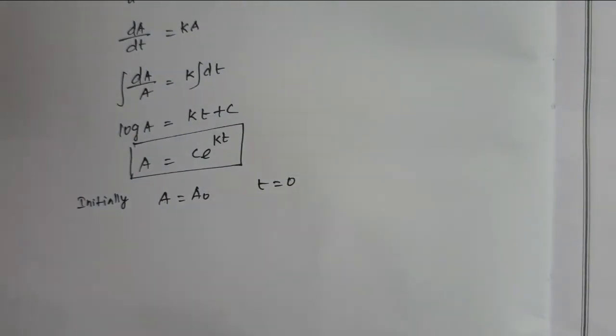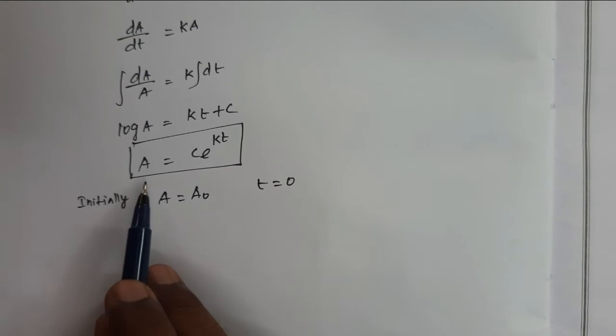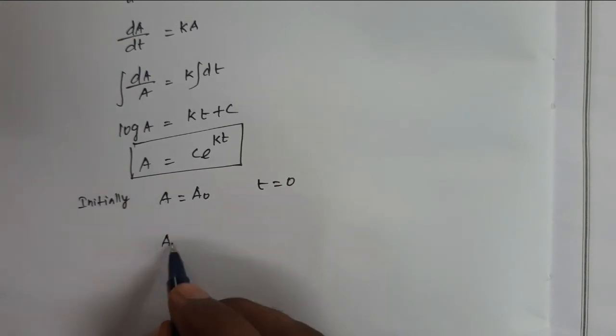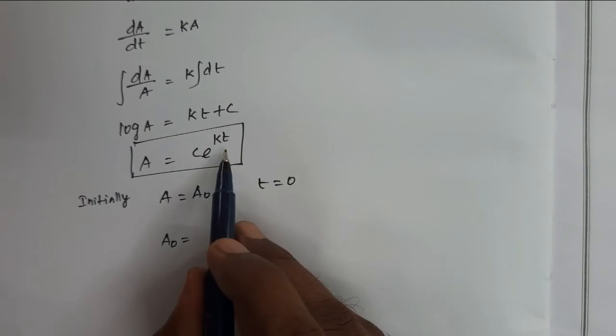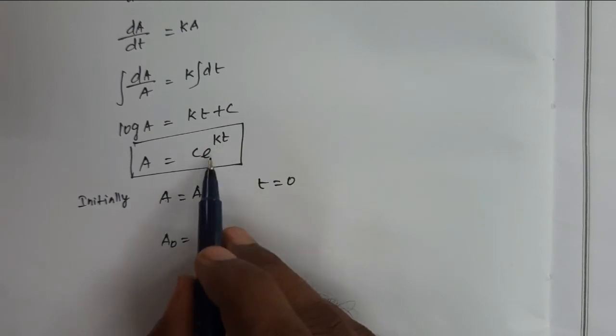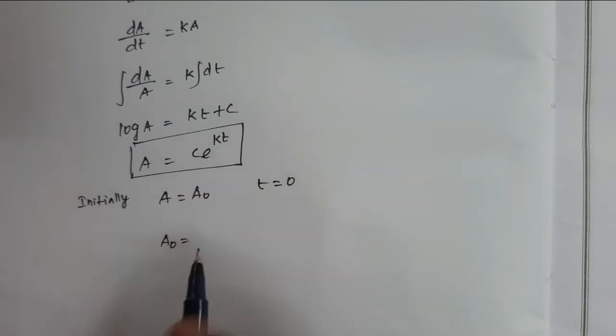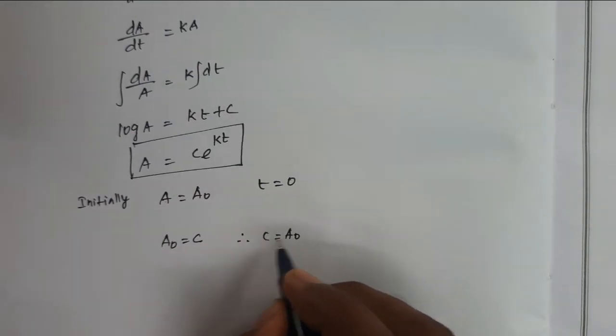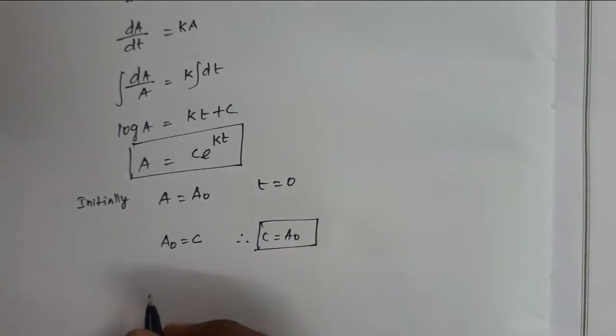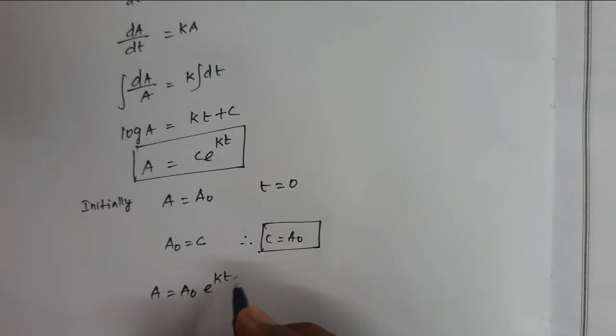Substituting, we get A naught is equal to c e power k into 0. Anything power 0 is 1, so c is equal to A naught. Therefore the equation is A is equal to A naught e power kt.